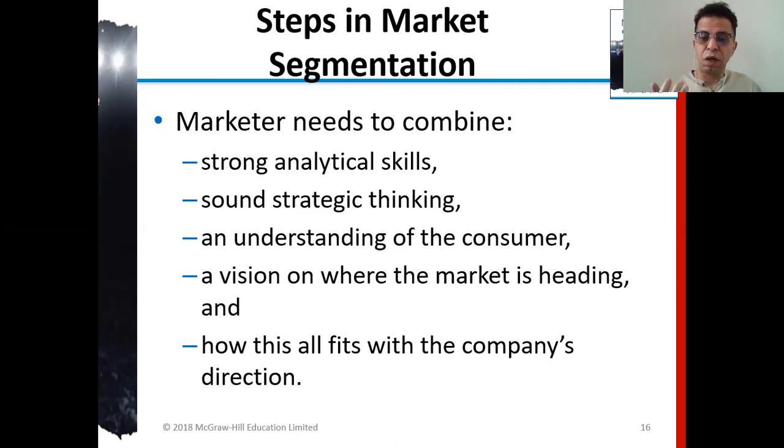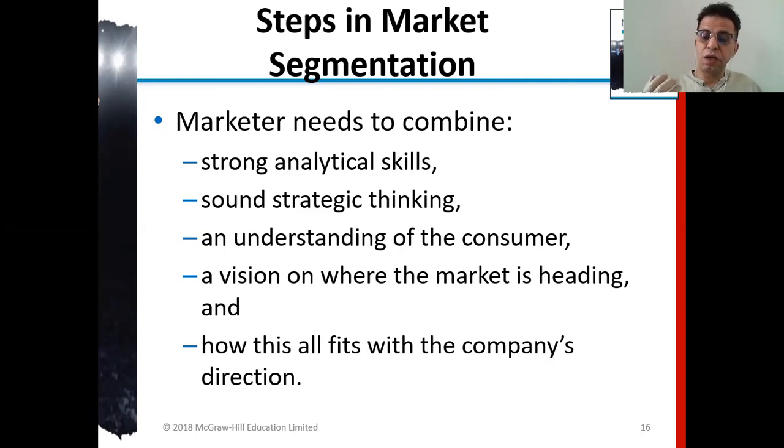People who thought the typewriter would stay forever did not develop to PCs, and they stayed behind and are losing their business. But people who started thinking about where the market is heading could prepare for the future market. How does this all fit the company direction?